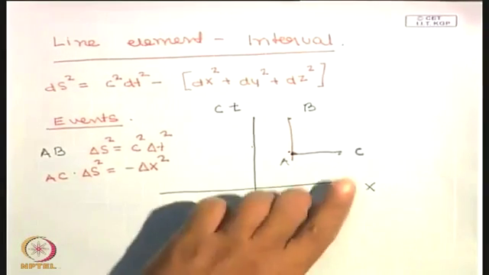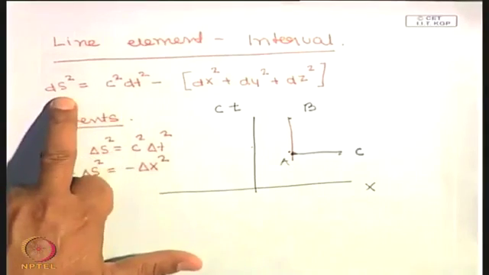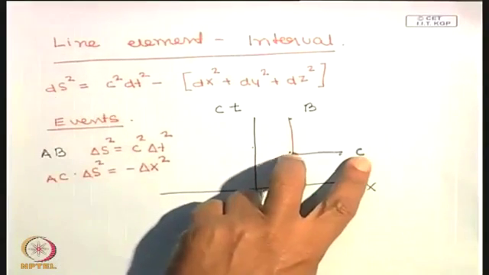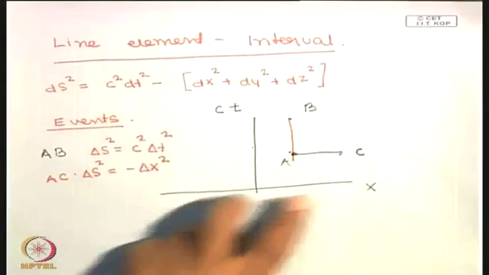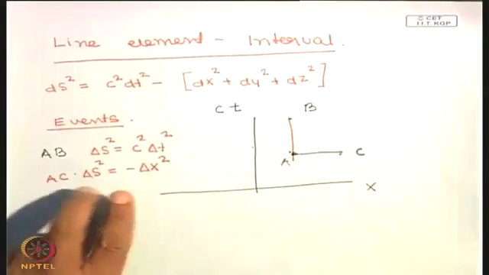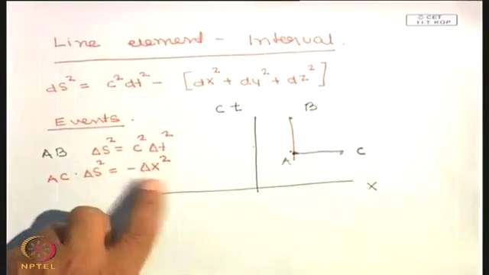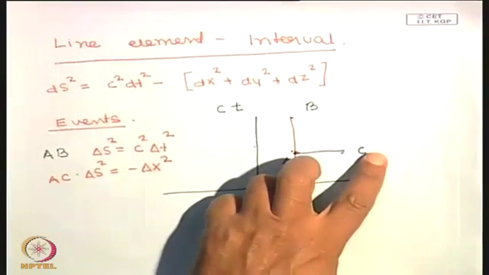So, for these two events you see that the interval is negative, it is minus the length squared. Such two events are said to be space like, and the value of the interval is essentially minus the distance between these two events squared.